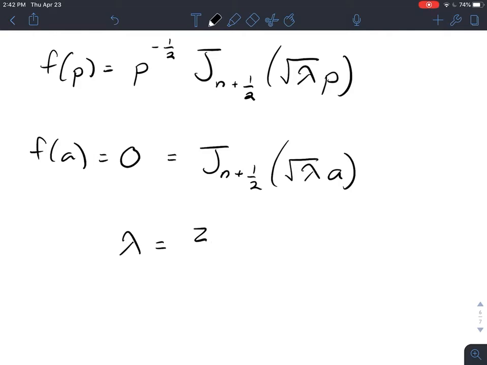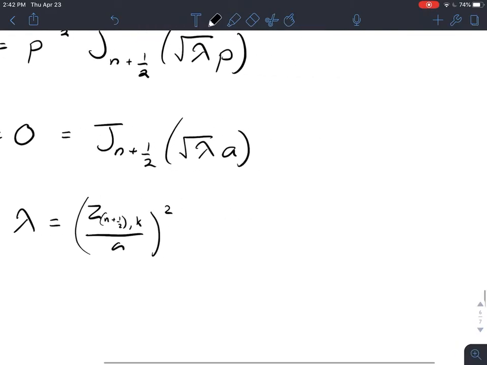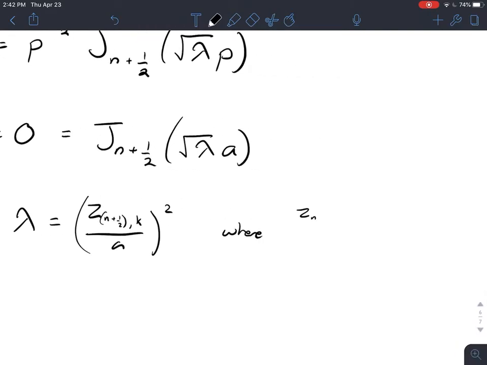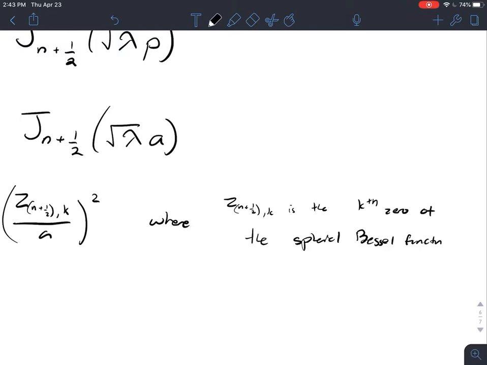Let's call this z sub n plus 1/2, comma, let's call it k, over a squared, where z subscript n plus 1/2, k is the kth zero of the spherical Bessel function of order n plus 1/2.